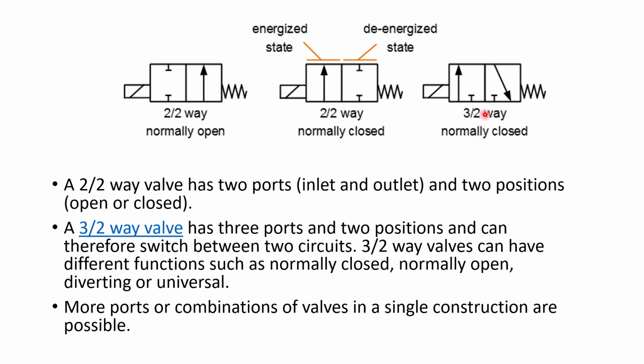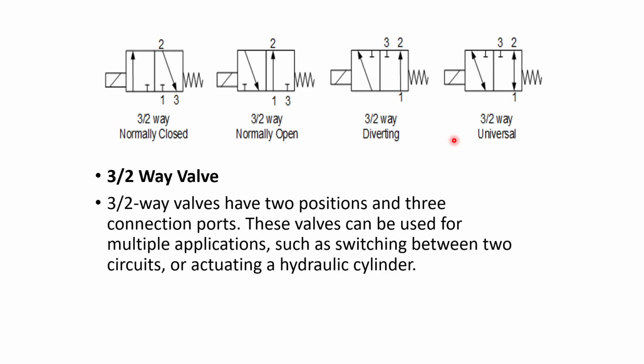Now let us see a 3 by 2-way valve. You see these are 2 ways, but you can direct the valve. When you move it, you can pass the air either from this side or from this side.